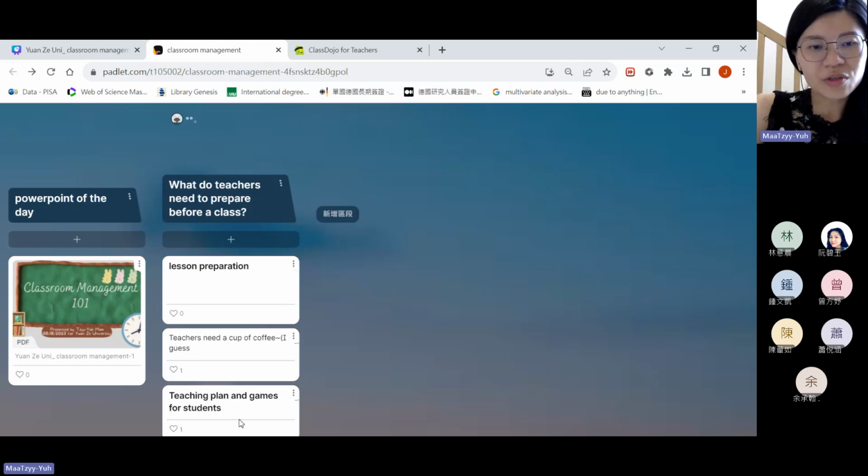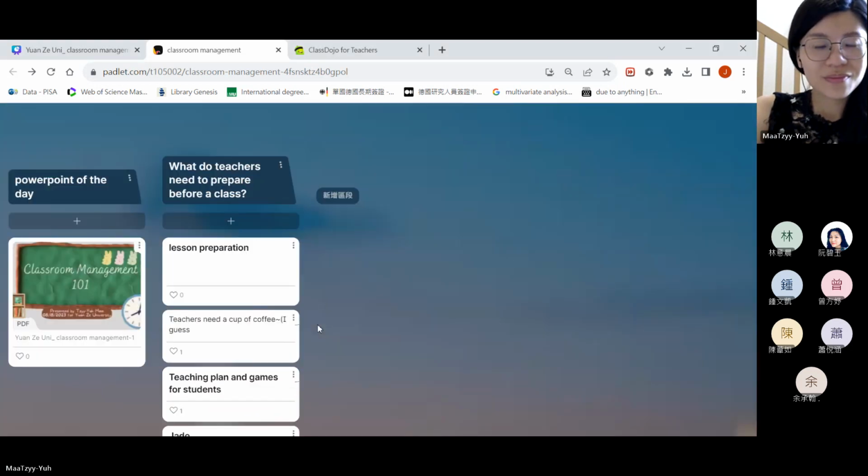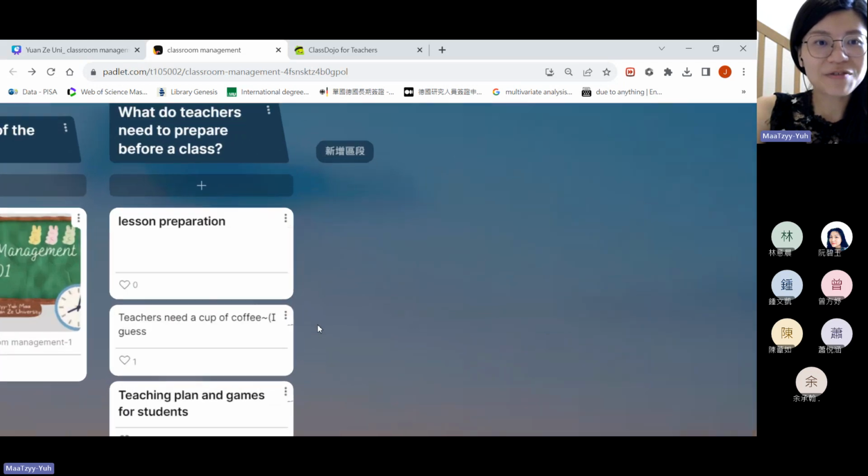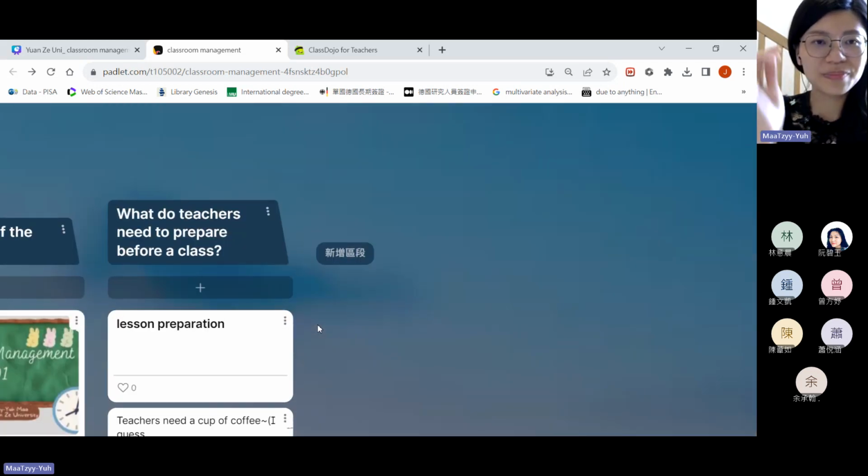Do you think that we need to be prepared for anything specific, for the students or maybe for the teacher? What do we need to prepare for? Okay, I think you have finished your answers.